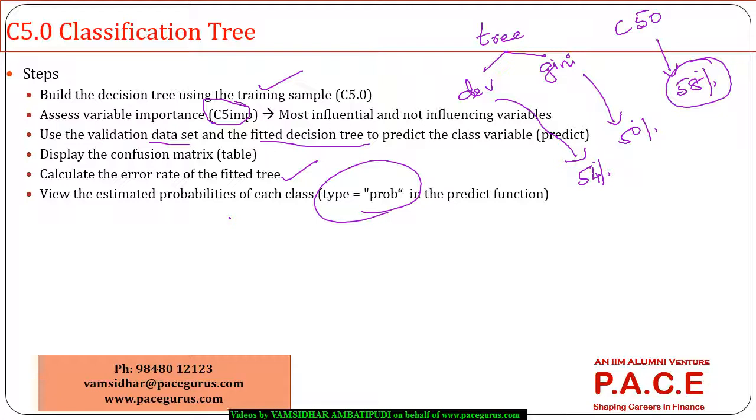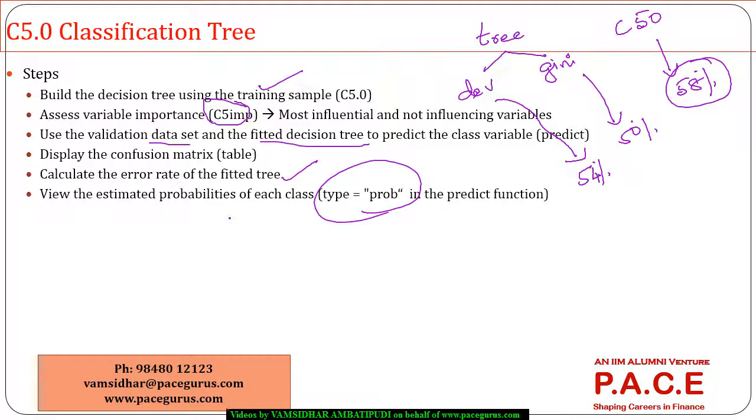In each of the algorithms, the variables are different, but overall, I'm more interested in looking at the level of accuracy and the error rate when I'm applying this model on the testing data, right?